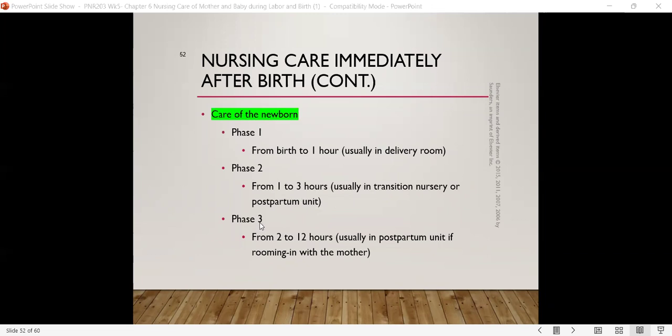Now, after 2 hours, after they get done with phase 2, they go to phase 3, and that can be from 2 to 12 hours. And usually that's in the postpartum or the mother baby unit, because all the hospitals today have rooming in. Okay, it's just safer too to have the baby in the room with mom.